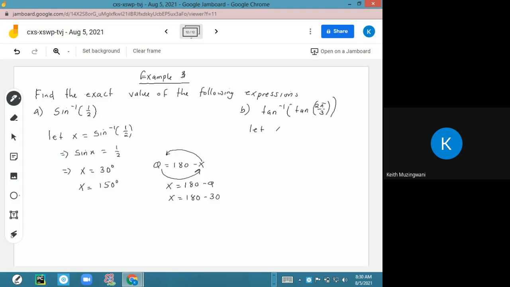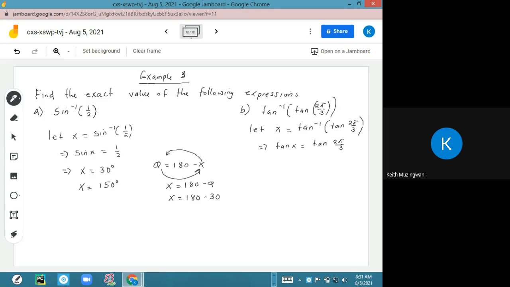So let x be tan inverse of tan 2 pi over 3. When you bring back tan, you have tan x equal to tan 2 pi over 3.